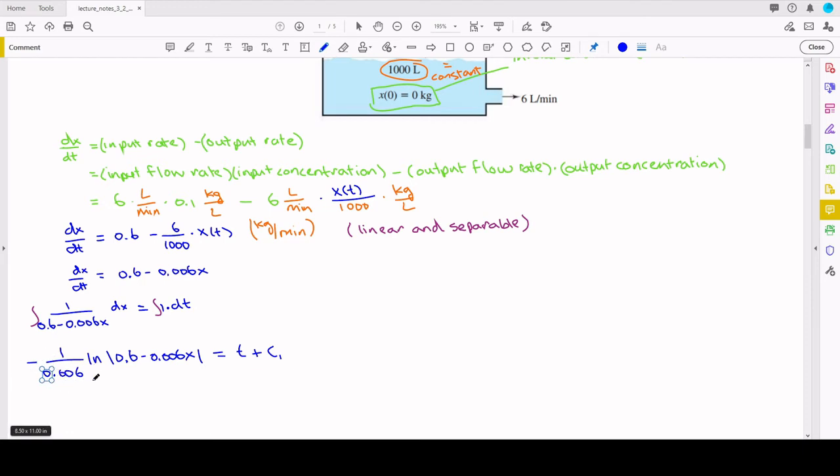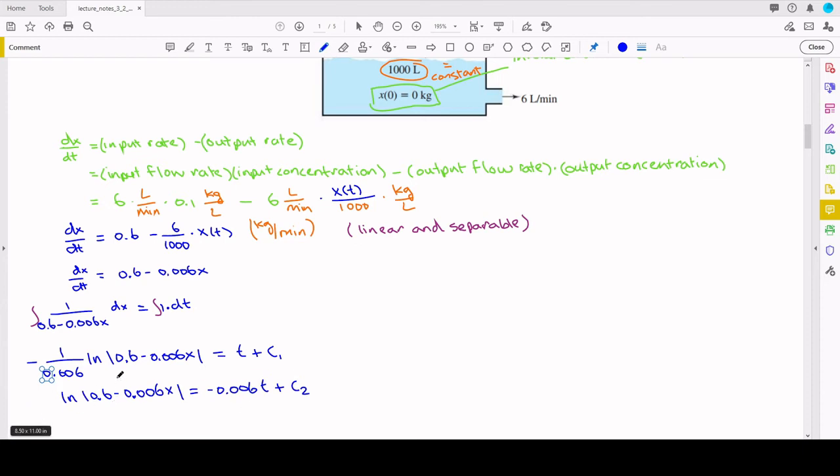So I'll multiply both sides by negative 0.006, and I obtain ln of 0.6 minus 0.006x equals negative 0.006t plus, and then I multiply a constant times a constant. That's a new constant that I'll just call C2.